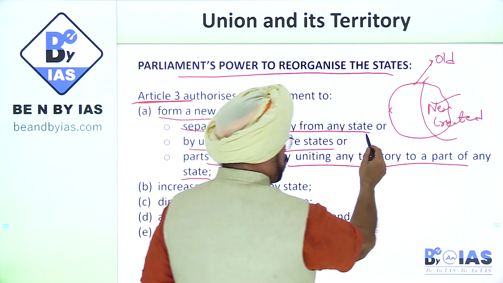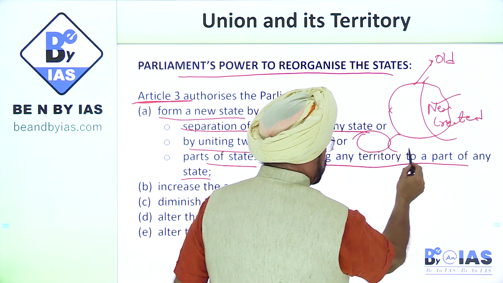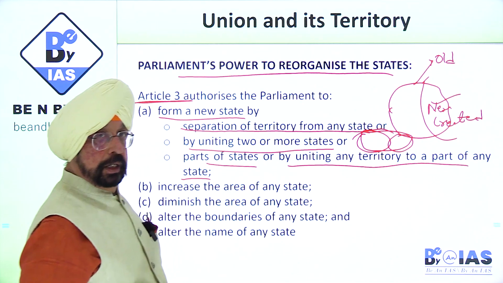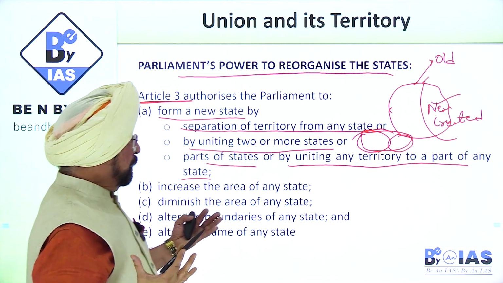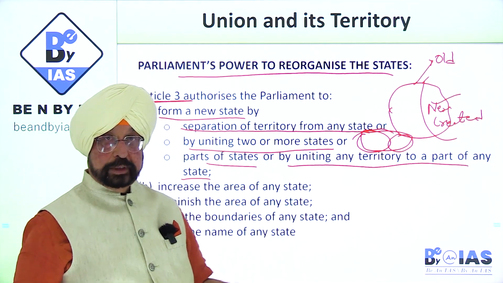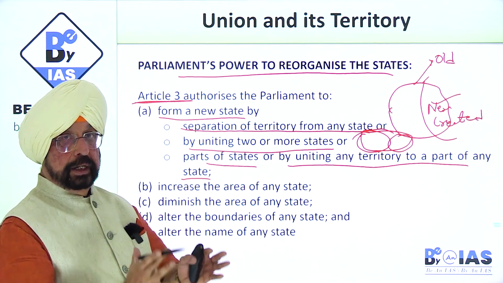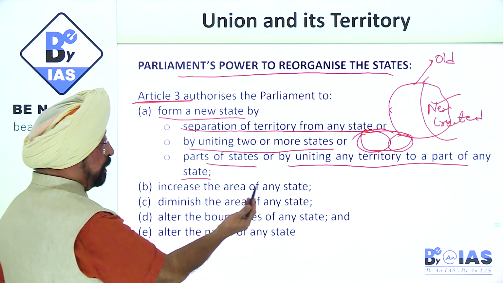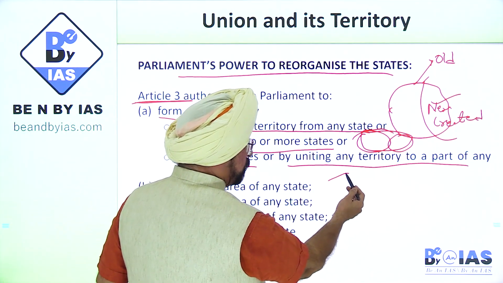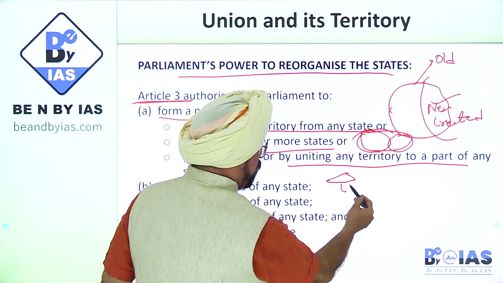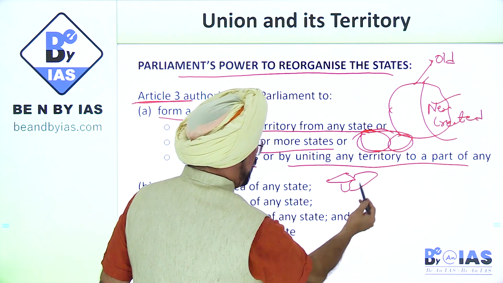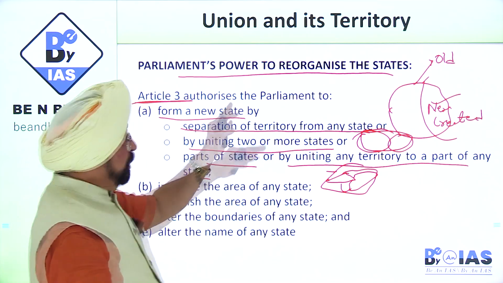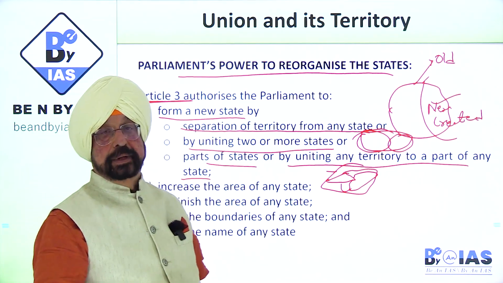Or if there are two or more states, they are joined together and formed into a new state. Or parts of different states, not the whole state, are readjusted. It's a huge power of the Parliament.